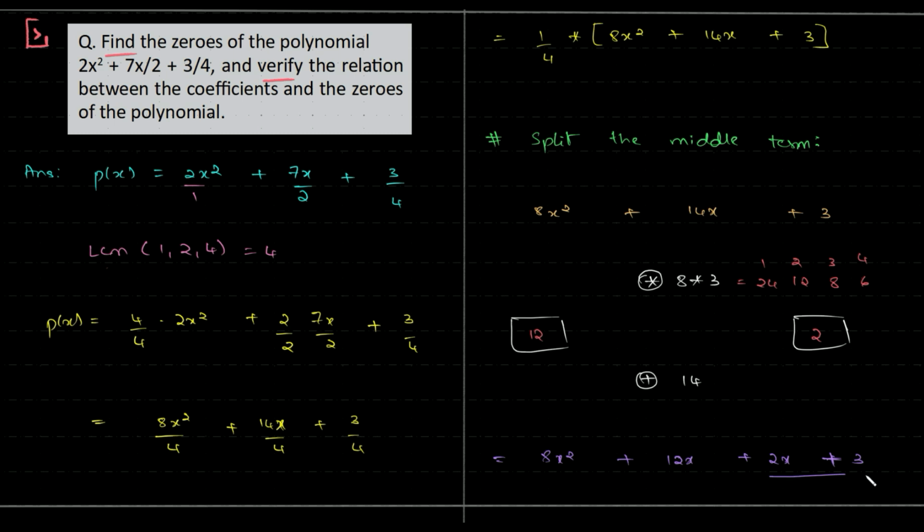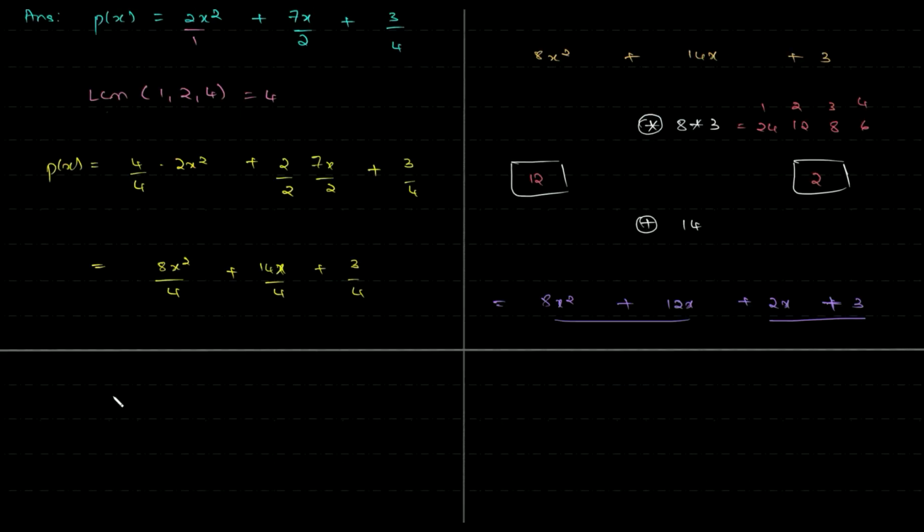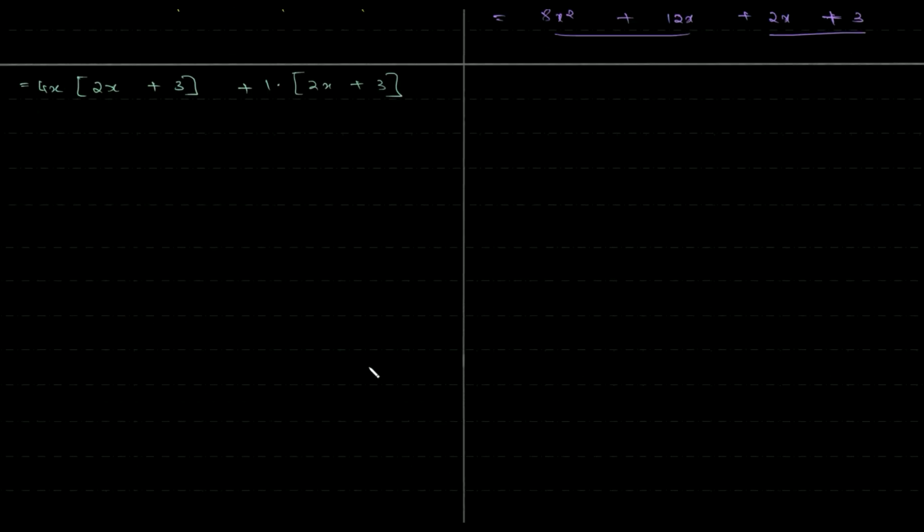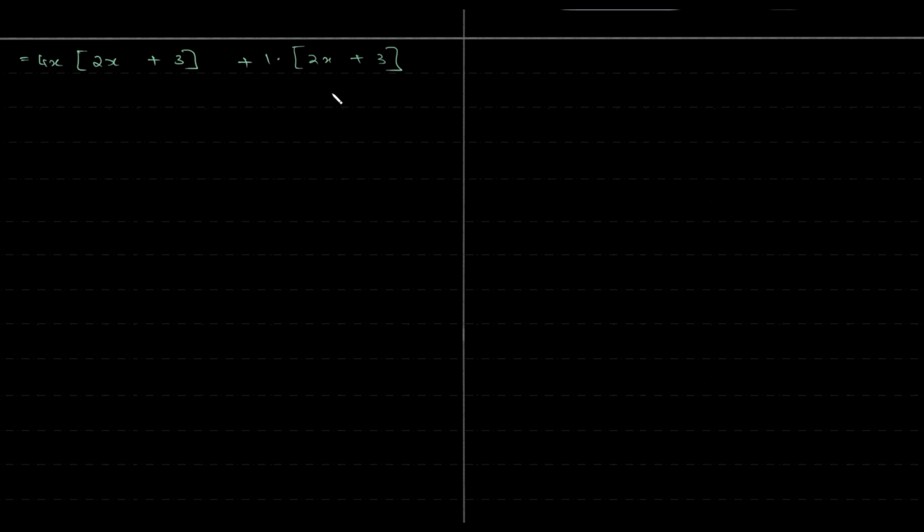So clearly the common factor between these two is 1, and here it is 4. So we have 4 times of 2x square plus, sorry, 4x. You take 4x common, 2x plus 3, and we have 1 times of 2x plus 3. And what is common between 2x plus 3, 2x plus 3 and all of this?